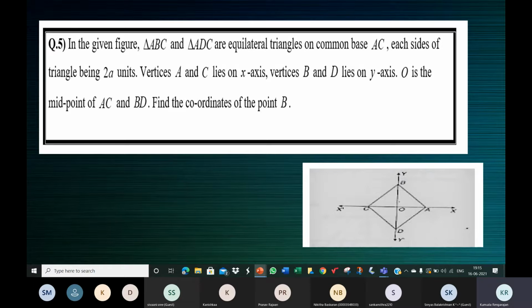In triangle BOC, the hypotenuse BC is 2A units, OC is A units. Use Pythagoras theorem and find BO.